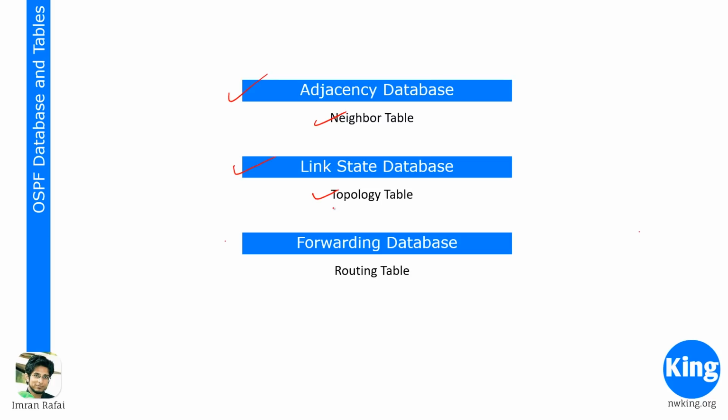So honestly, you don't really have to do all this, but just know there is a link state database, and the topology table is derived from the link state database, right? And then there is another database called the forwarding database. The routing table is derived from the forwarding database, right? So these are the 3 tables that you need to know: the neighbor table, topology table, and routing table. And the databases are the adjacency database, link state database, and forwarding database.